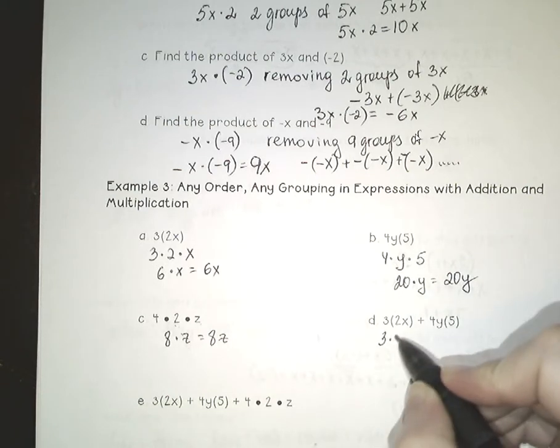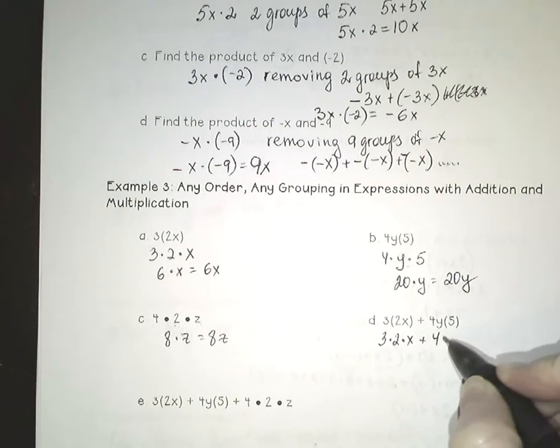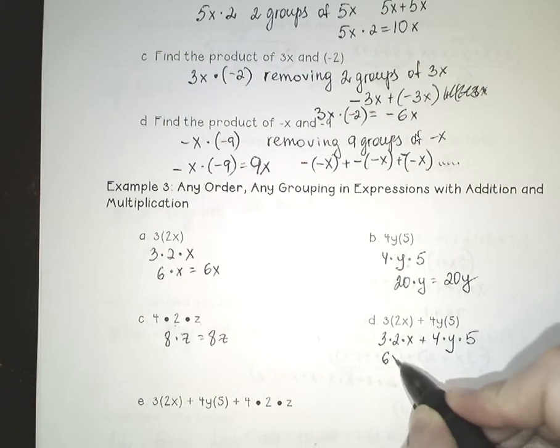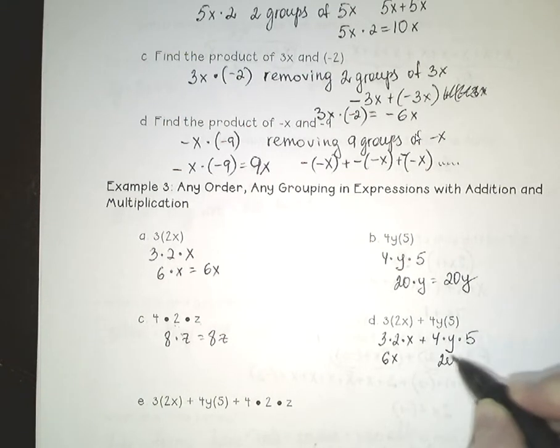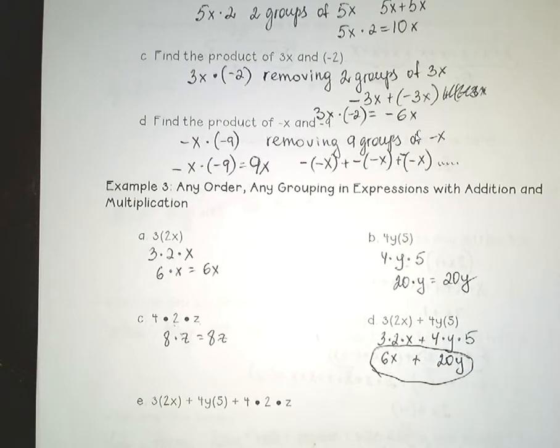3 times 2 times x plus 4 times y times 5. Here I have 6x. Here I have 20y. Can I combine them? No. That's the final answer that I have for now. It's a simplified or regular form of this expanded form.